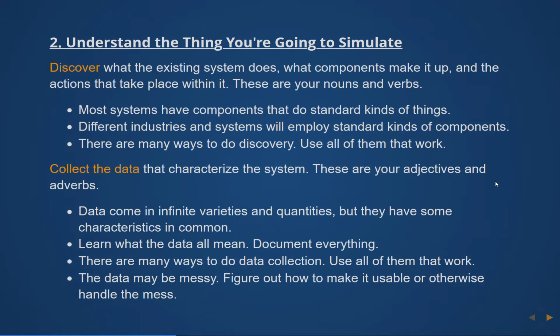They have different ranges of values, different formats, they mean different things. You have to find out what they all mean and document everything. Again, there are a lot of ways to do that. Use them all. Use whatever is best for your situation.